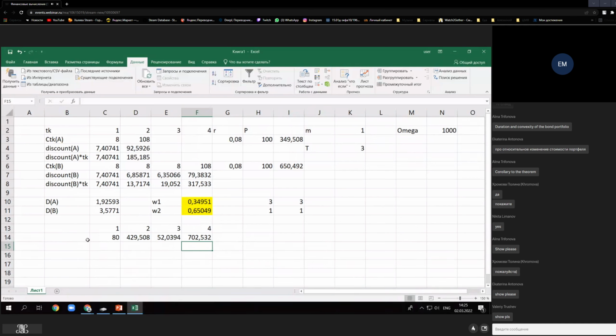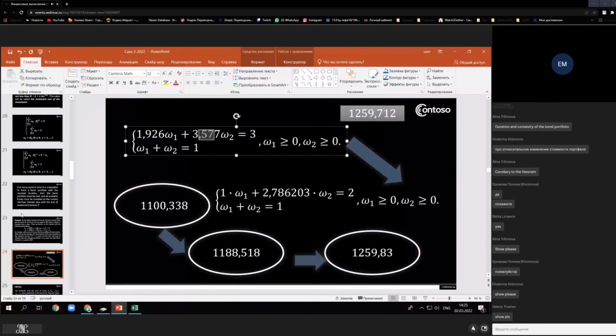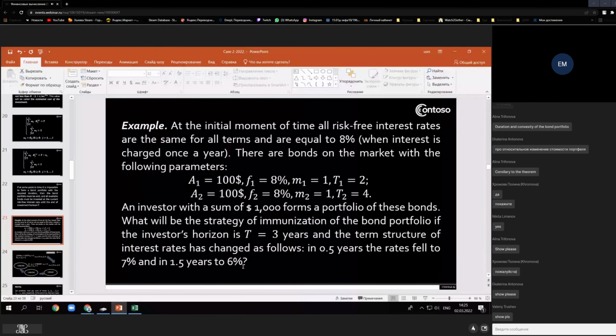What should we do next? We should go to the task. And as you can see here, according to the theory, in 0.3 years, rates change to 7%. It doesn't mean that at this time moment you should do something.